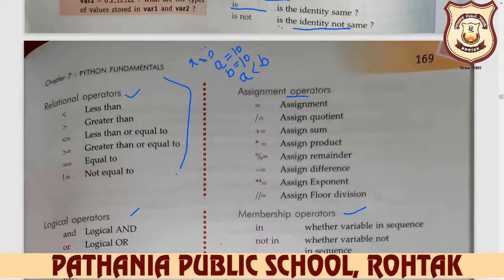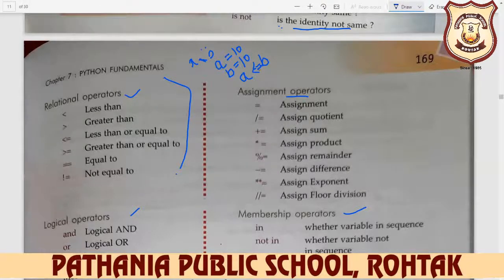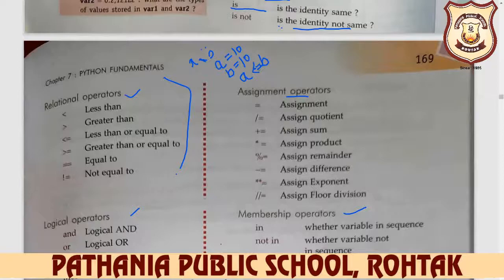But when I write here A less than or equal to B, yes, both are equal, so you write true. So always the relational operator displays the answer in true and false.